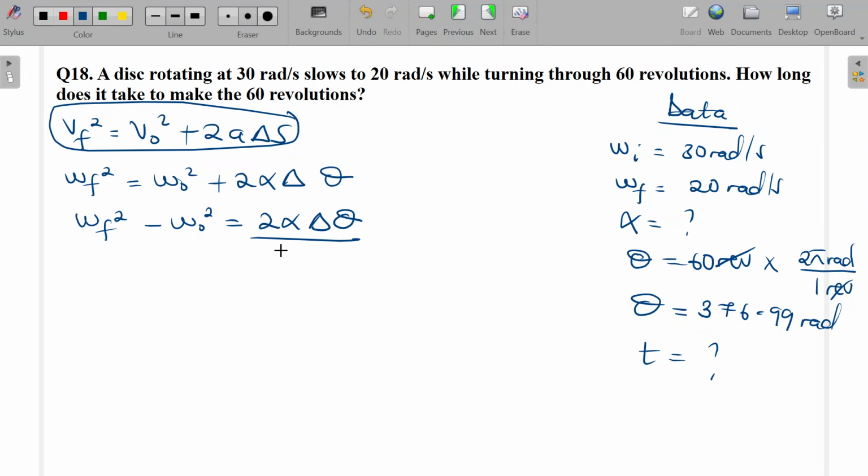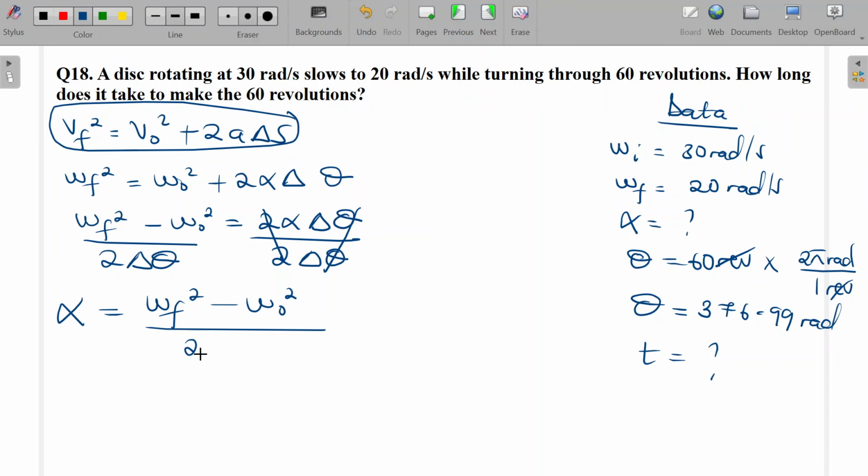Then you divide both sides by 2 change in theta, and your alpha is equal to omega final squared minus omega initial squared over 2 change in theta.